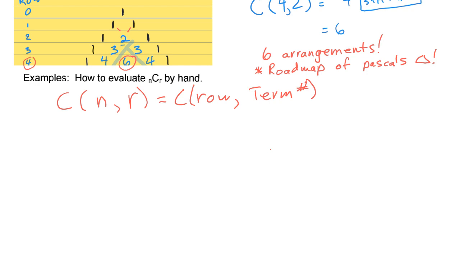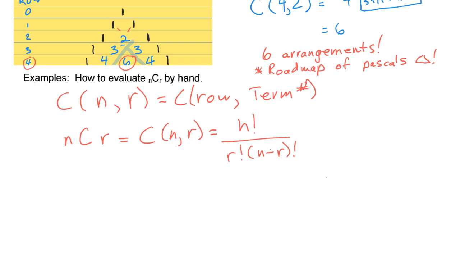Okay? So now let us calculate nCr. So nCr, or I'll call it C of n, r, is equal to n factorial divided by r factorial times (n minus r) factorial.